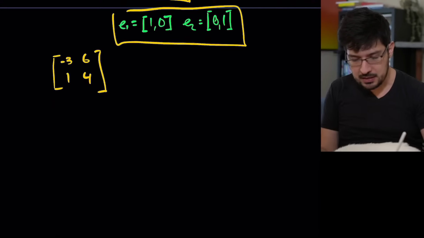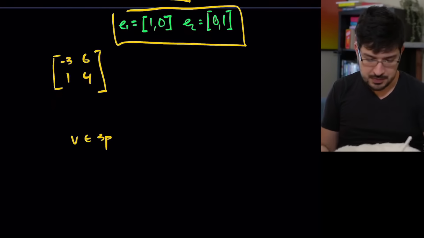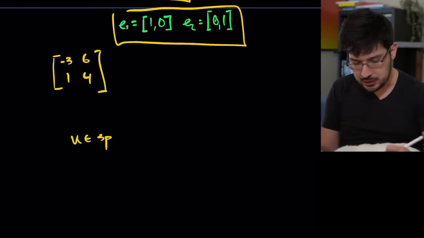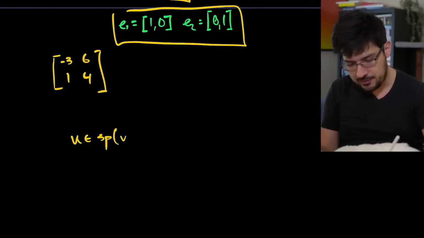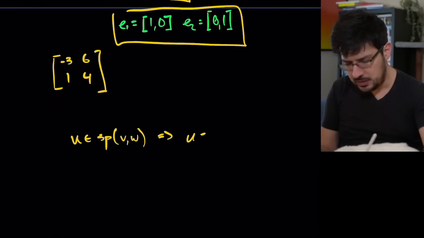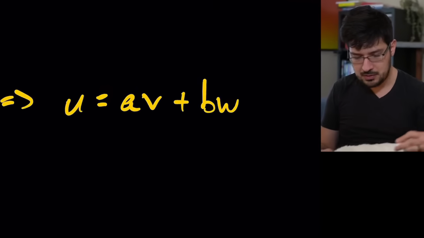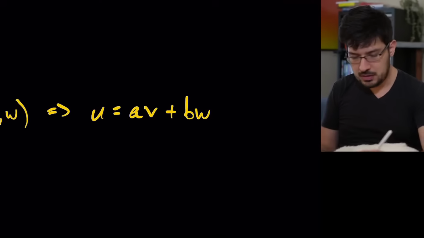What I think this is: if you take any vector u in the span of v and w, then u is equal to some multiple of v plus some multiple of w, where a and b are both real numbers.